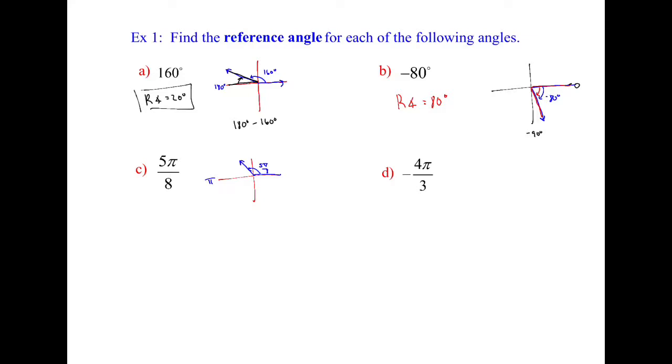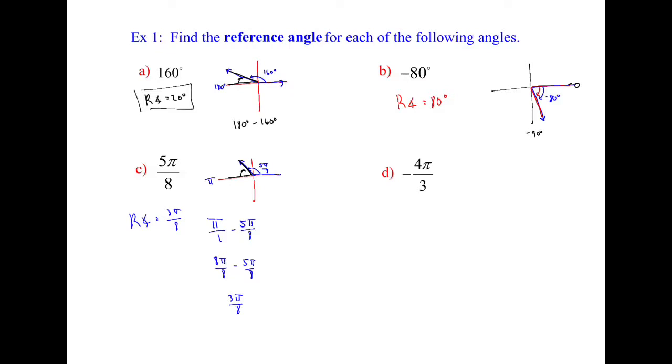Now you want to take pi and subtract 5 pi over 8 to figure out the difference between the terminal side and the x-axis. So we take pi minus 5 pi over 8, find a common denominator, 8 pi over 8 minus 5 pi over 8, which gives you 3 pi over 8. So your reference angle is equal to 3 pi over 8.